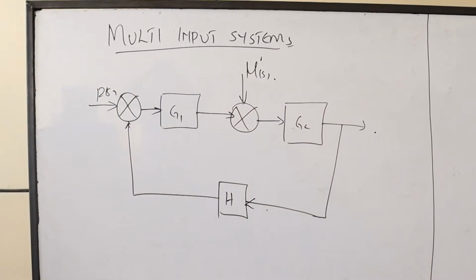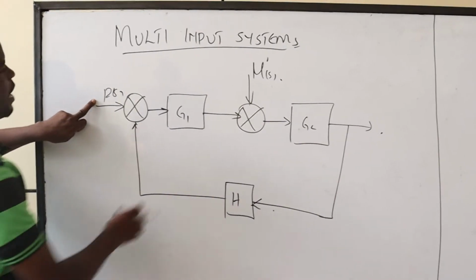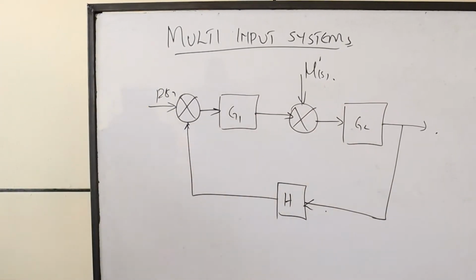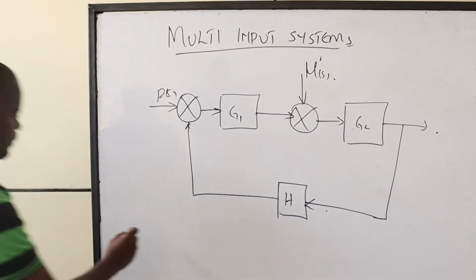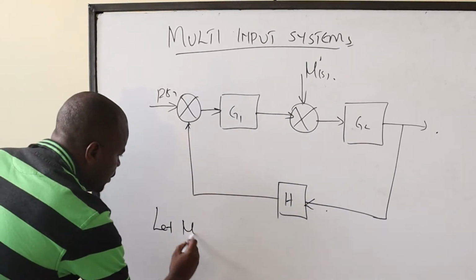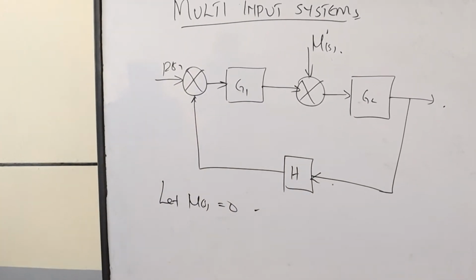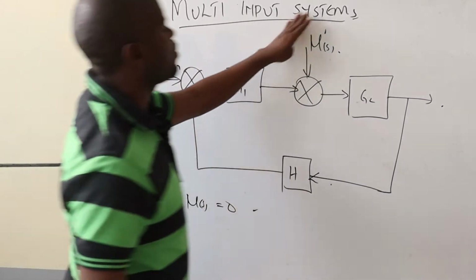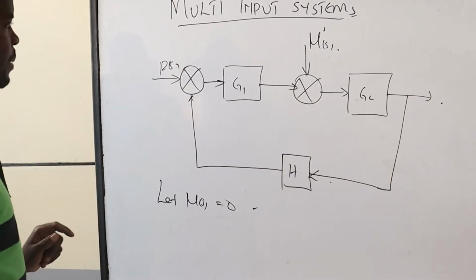The first thing you are going to do is consider the input R and let mu of S be equal to 0. If that is equal to 0, then there is nothing there, we don't have any input at that point.